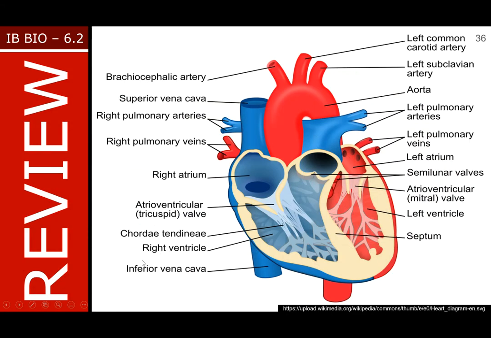Okay. So here's a bunch of really fancy names, a lot of which we already just talked about. The ones you should definitely know are the superior vena cava. You should definitely know the right atrium. You should know all of it, but really, really know the ventricle.